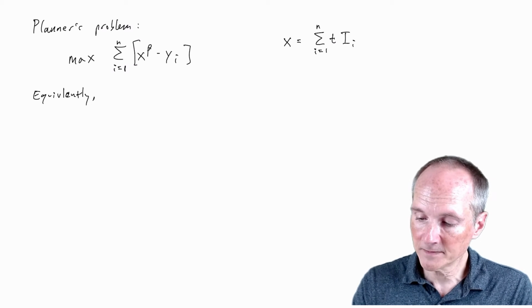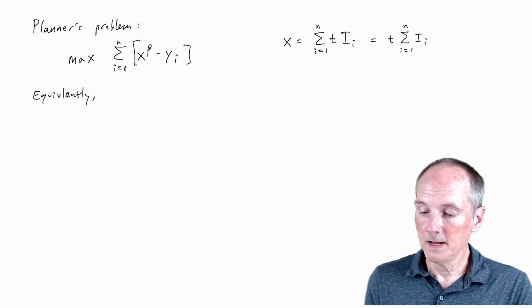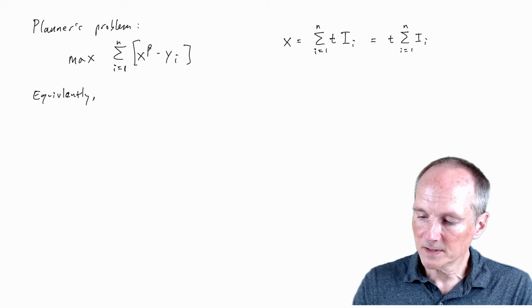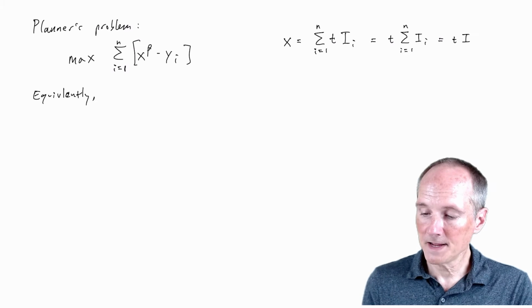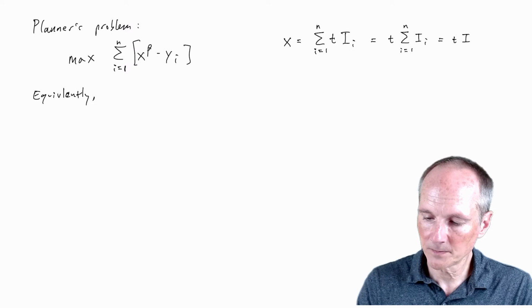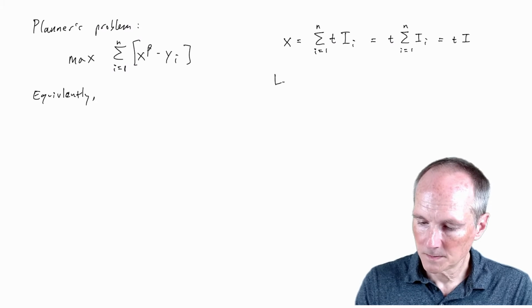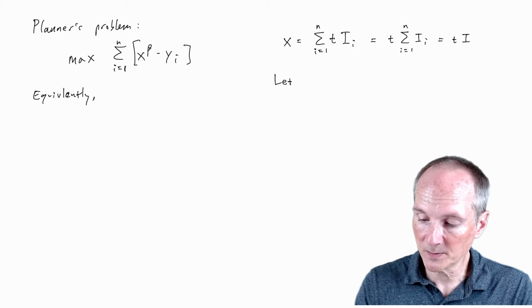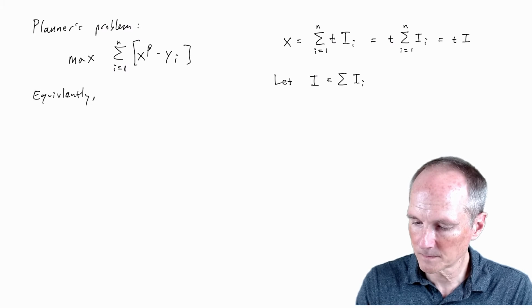We can pull that out of the summation, and write it like so. But now let me just simplify notation a little bit, and I'm going to use capital I with no subscript to denote the total income of the group. So capital I is just the sum over individual income.